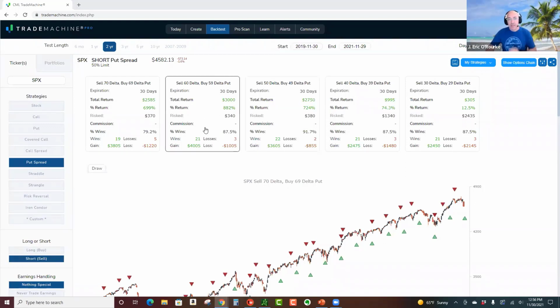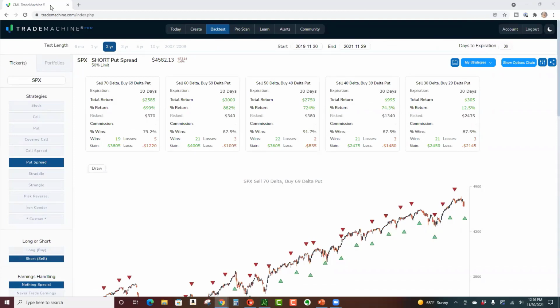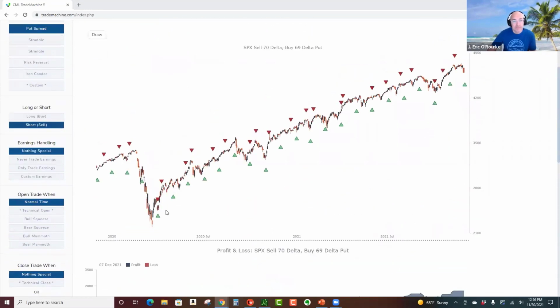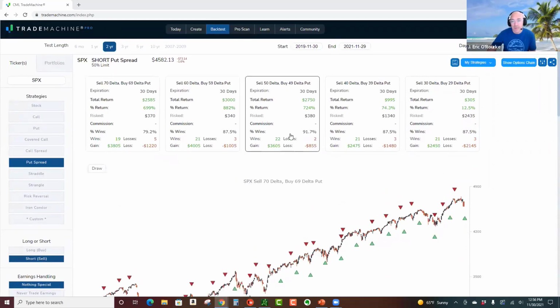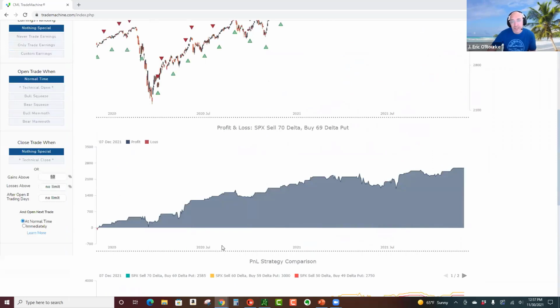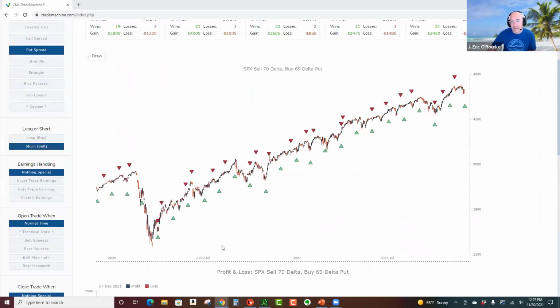Sorry. So one thing that is universal, and this is totally outside of what we're going to cover today, is when you take profits early, your win rate tends to go up. Not necessarily the profits, but your win rate.